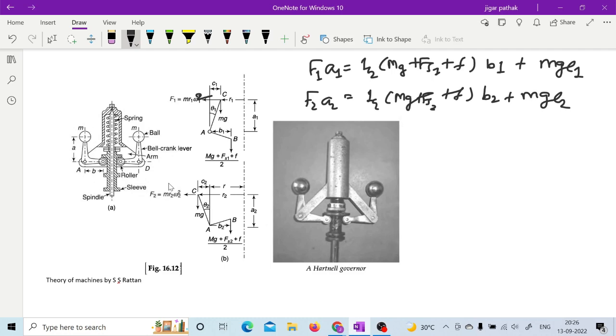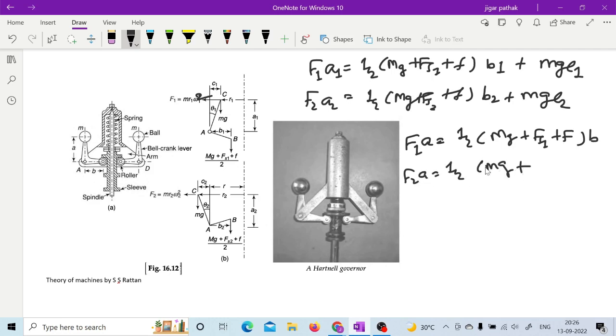If you simplify, then you can write f1a equals 1/2 mg plus fs1 plus f into b. Similarly f2a is equal to 1/2 mg, this is capital mg, plus fs2 plus f into b.